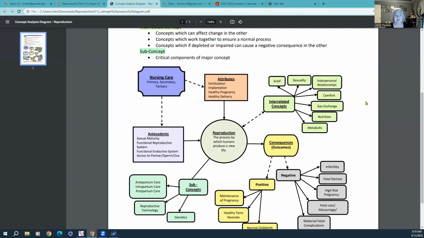Primary sex characteristics. That's going to be what you're born with. That's a vagina, that's a penis. Those are your primary sex characteristics. That's a uterus and testes. So secondary sex characteristics then would be breast development, the development of hair, under your arms, pubic hair.